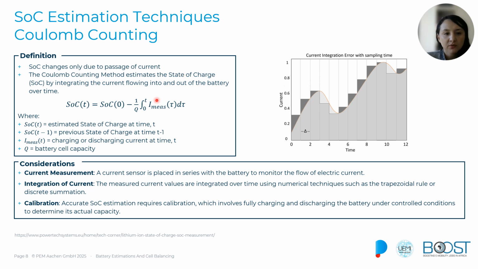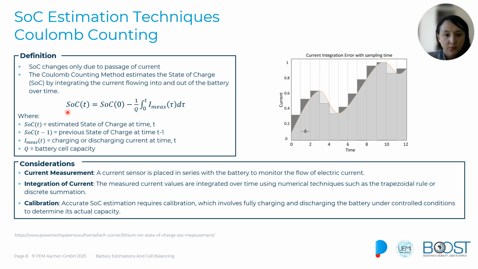The Coulomb counting method will estimate the state of charge by integrating the measured current over time, and in this way it tracks the charge that is going to be added during charging, and subtracted during discharging, and like this we can determine what is the remaining capacity that the battery has.